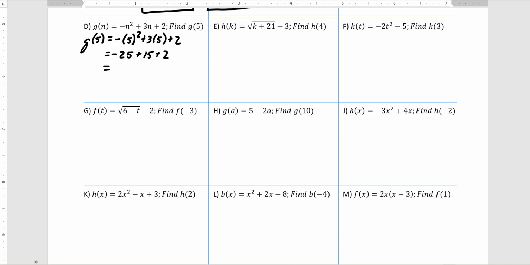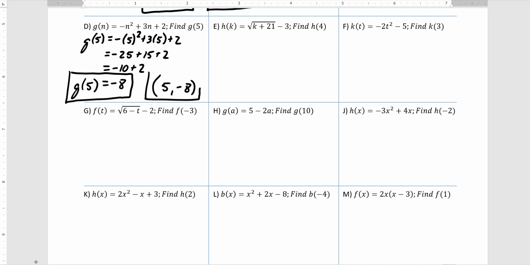So negative 25 plus 15, that would be negative 10 plus 2. Negative 10 plus 2 is negative 8. So I'd find that g of 5 equals negative 8. There it is in function notation. And in coordinate pair, input is 5, output negative 8. There we go. There it is as a coordinate pair.